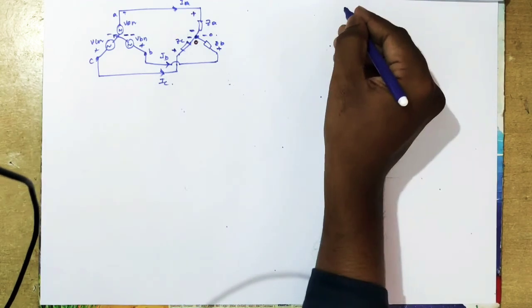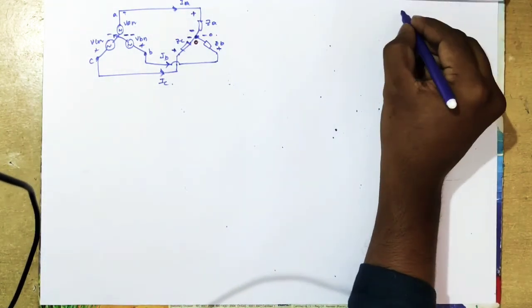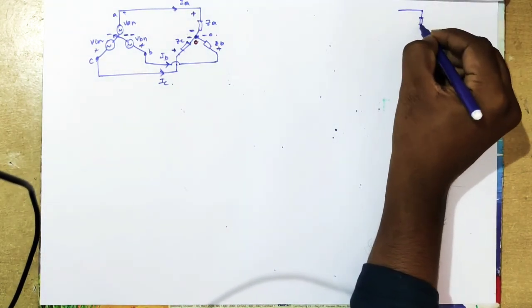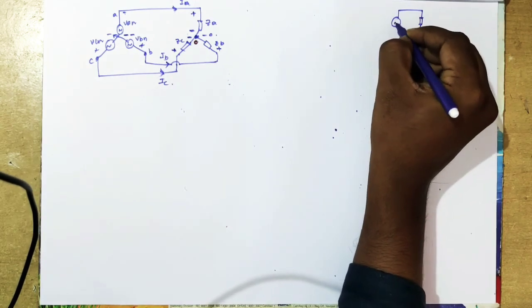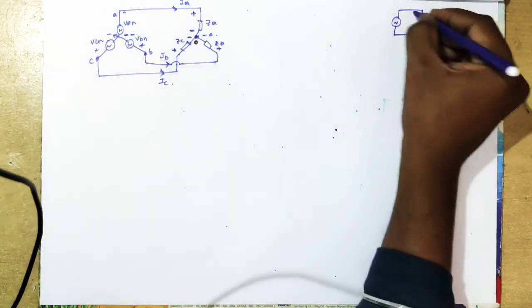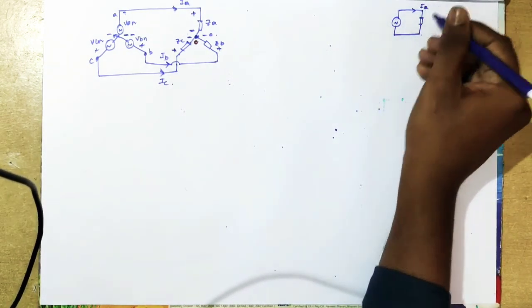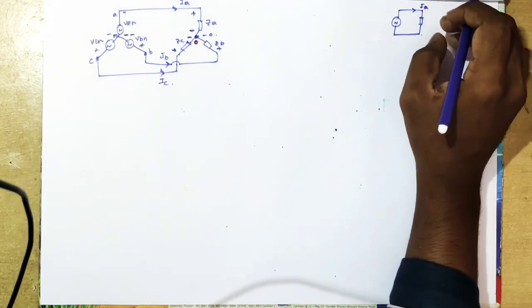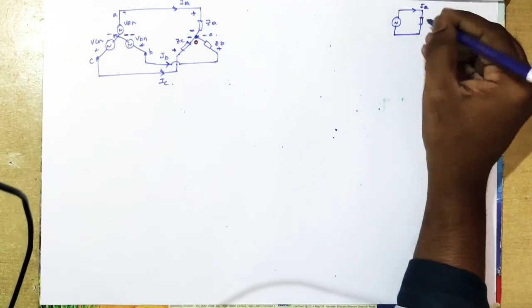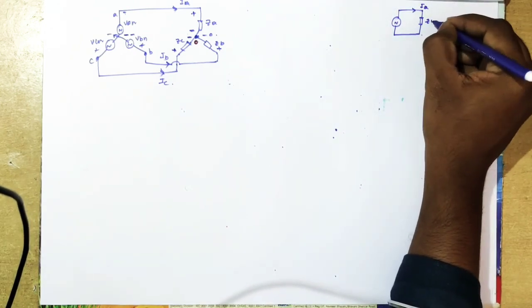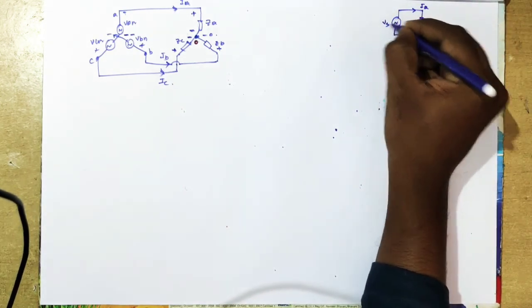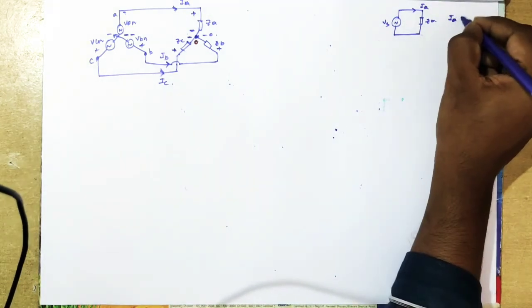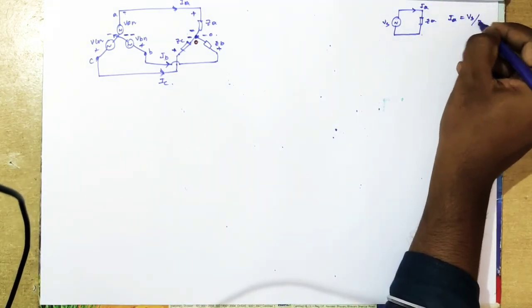So in general, normally, let us say this is load and this is source. To find current IA, either we need to know the voltage across this load, or with respect to the source we have to find it if ZA is there. This is Vs. So IA equals Vs by ZA.